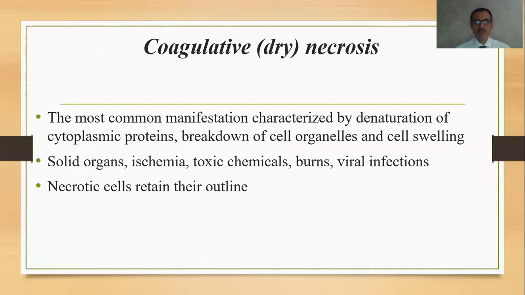If you remember our lecture about intracellular parenchymatous degenerations, we discussed some intracellular or parenchymatous degenerations such as the proteinaceous degenerations, that was said about the degeneration by the denaturation of the proteins, or about the most common manifestation characterized by denaturation of cytoplasmic protein, breakdown of cell organelles, and cell swelling.